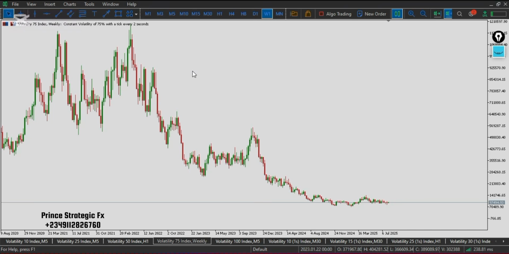Now we all understand exactly how the forex market works, so using our weekly time frame will help us spot exactly where the market is going massively.